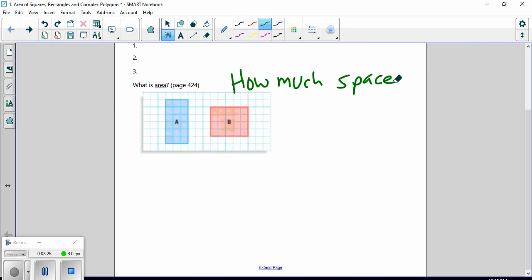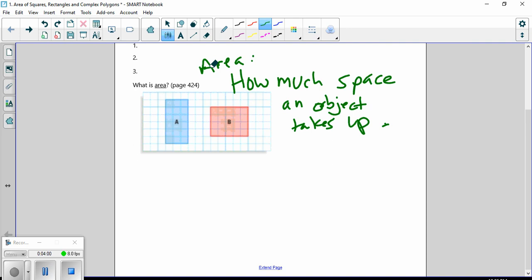So on your notebook paper, I would say area, and then I would give the definition: how much space an object takes up. Or you could say covers, so how much space an object covers. So like, how much space does your rug in your living room cover? How much space does your grass cover? So all of those things would be represented with area.